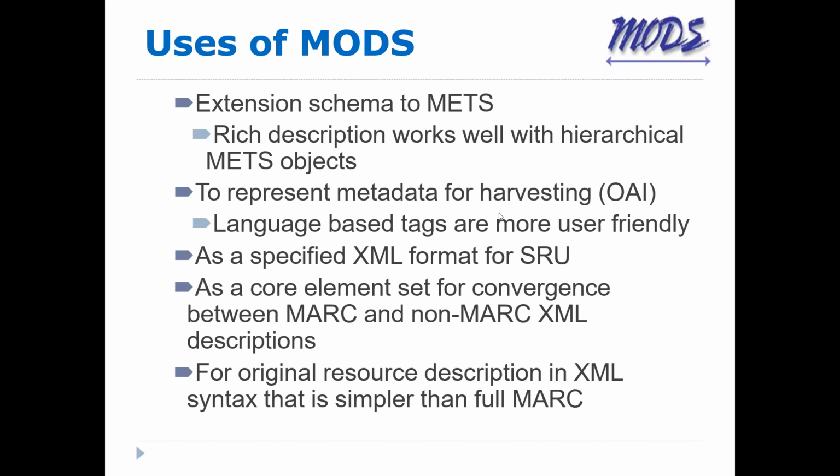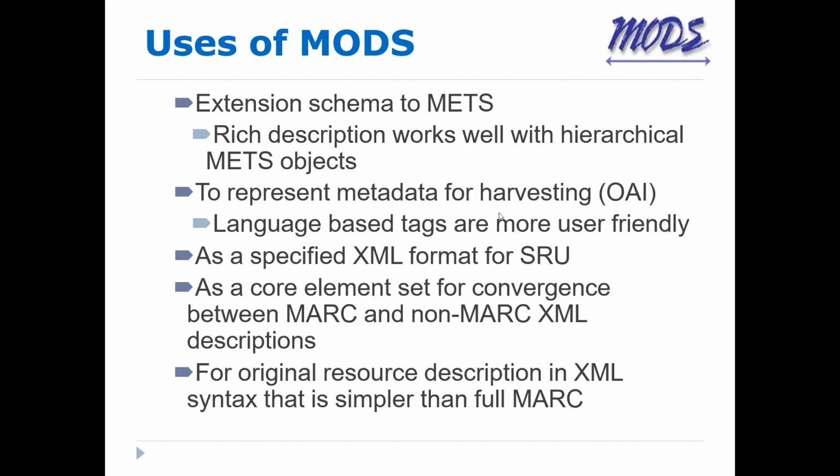If you have the protocol set up on your side, and the institution that you want to harvest from has their protocol set up, then it is useful for being able to harvest or collect data and resources from other sources.